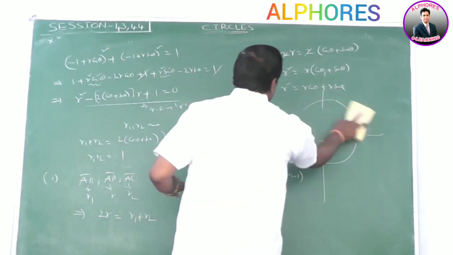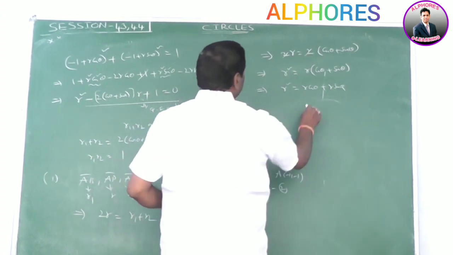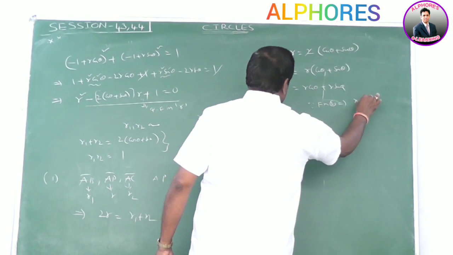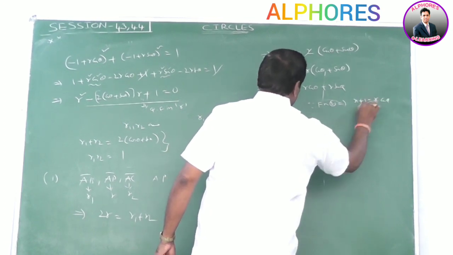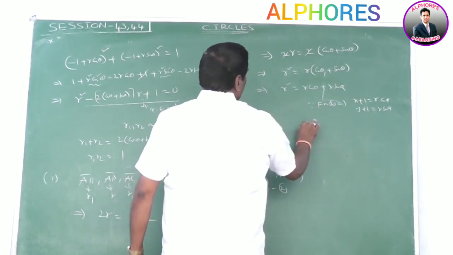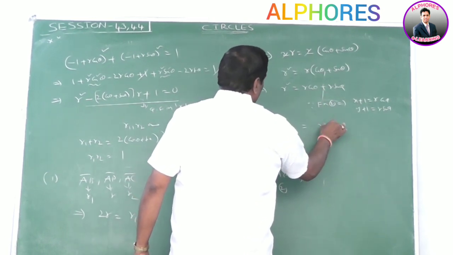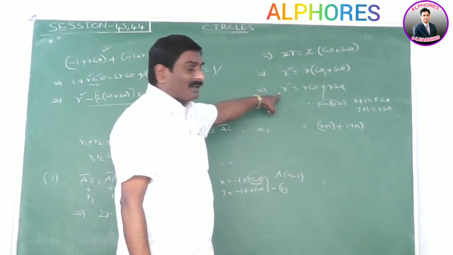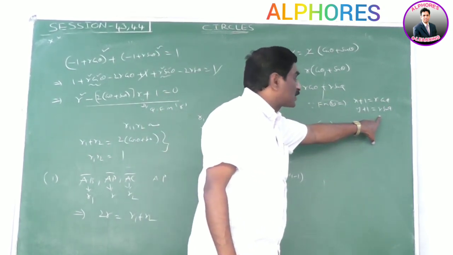Since from equation 2, x plus 1 is equal to R cos theta and y plus 1 is equal to R sin theta, replace these values. What is the value of R square? By squaring and adding these two values, we get R square.